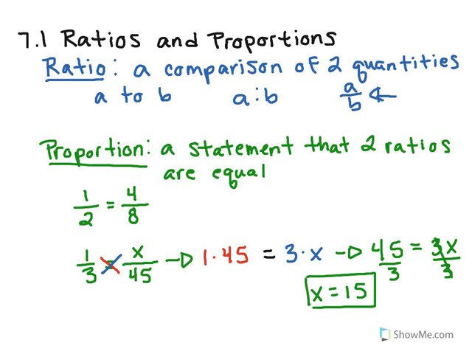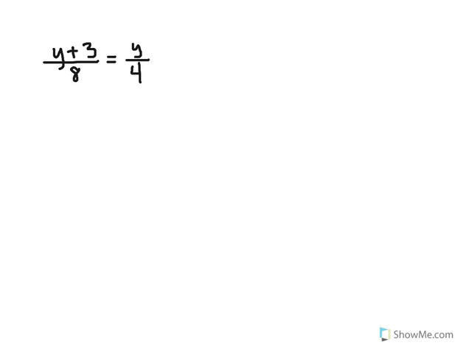Now, some cross products can be kind of tricky, so let's take a look at a harder one. Okay, so here's our hard example. And the cross product property stays true. So let's take a look at the first cross product, which is going to be this y plus 3 and 4.